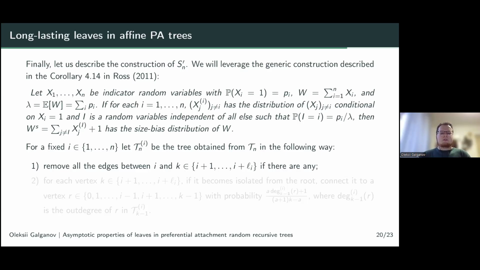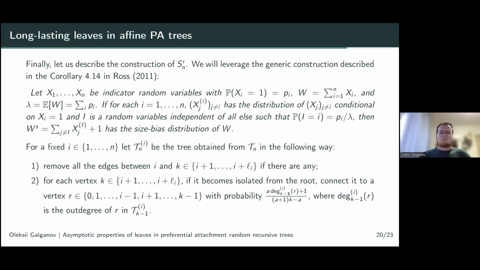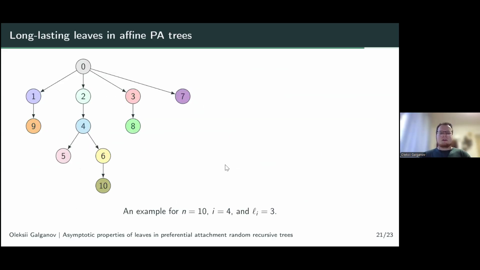And from these vertices, if any of them becomes isolated from the root, we connect it to some previous vertex, except for I, with some probability which is defined in this way, so we don't mess up the distribution of this redefined random tree. Let's give an example of this procedure.